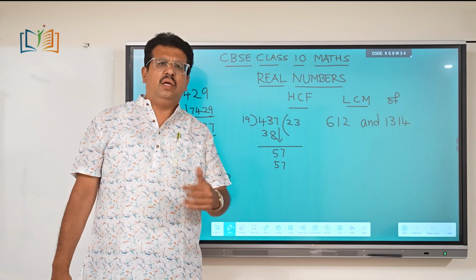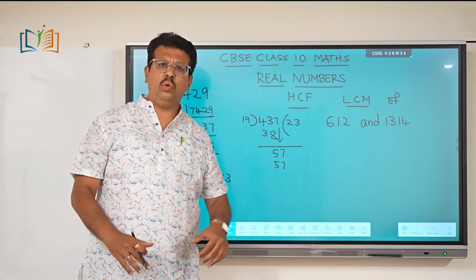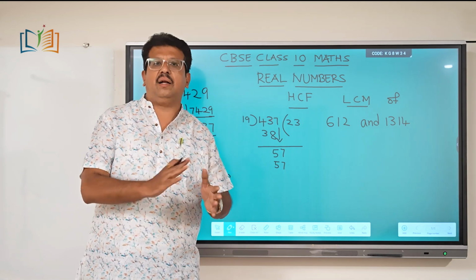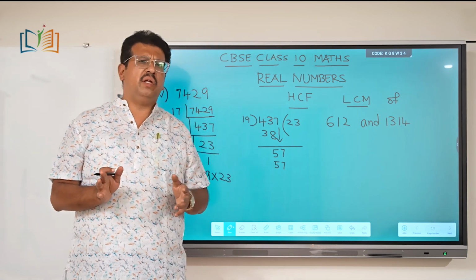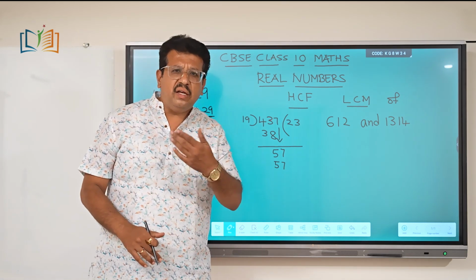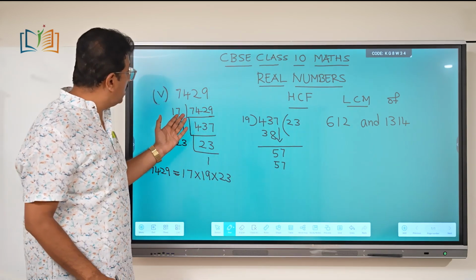It is not that if you get a wrong answer, immediately you say, I can't do this. No, don't say I don't do. I will do it and I will get the correct answer. That positive thinking should be there in your mind. Your mind should work on positive things, not with any negative feeling that I cannot do this type of sums. It is so difficult. 7429.